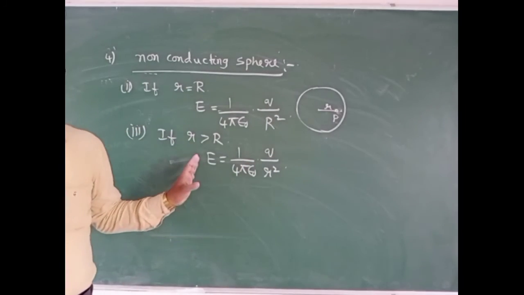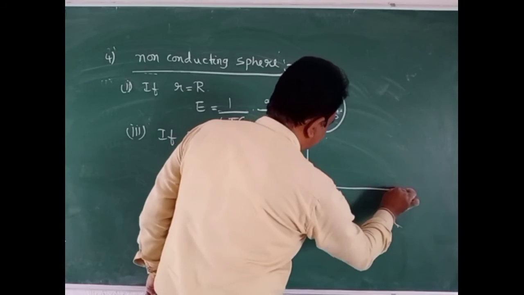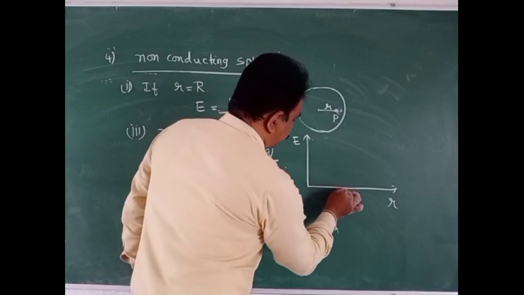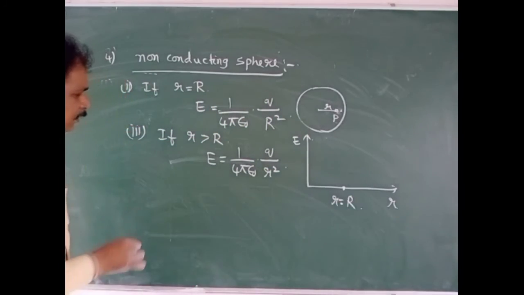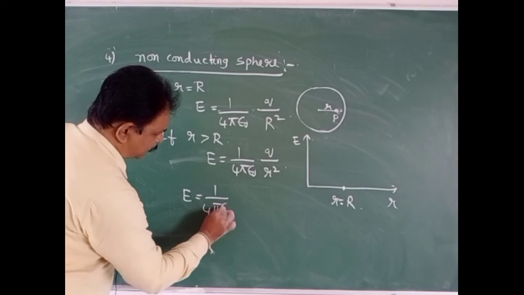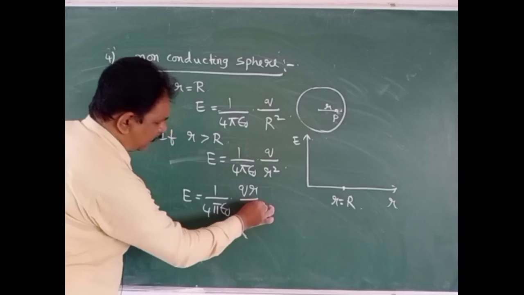Here, if we draw the graph between E and R for a non-conducting sphere, up to R is equal to capital R, what will happen? E is equal to 1 by 4 pi epsilon naught QR by R cube.